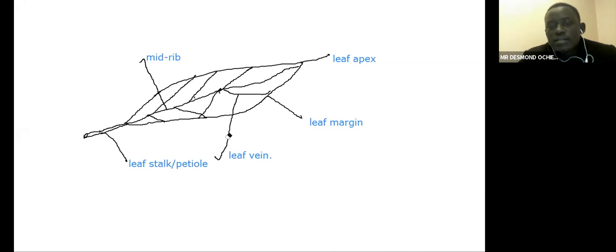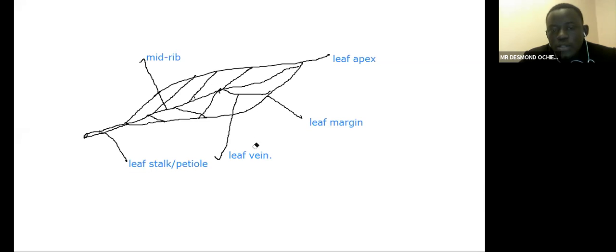So the leaf veins vary depending on the type of plants. We have got plants which have what we call network leaf venations, or we also have other plants which have what we call parallel leaf venations. We will get to know more of that when you get to Form 3 in the topic classification.